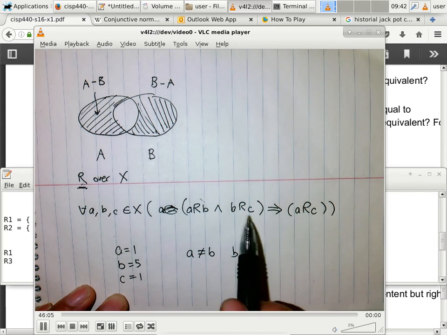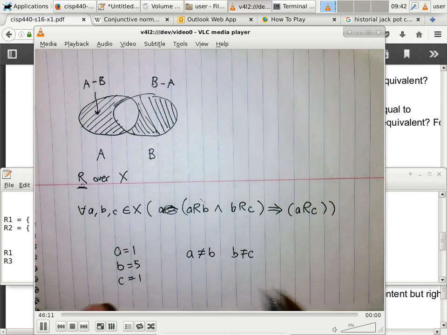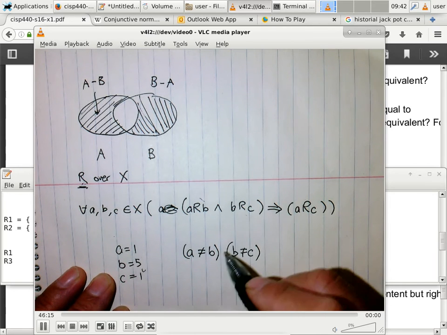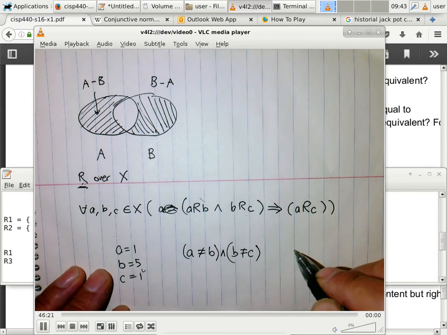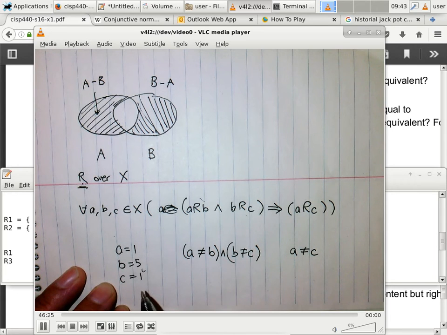And note that over here, there's no restriction that A and C cannot be the same thing. So A does not equal B is true, B does not equal C is true, so this conjunction is true as well. But then when you look at A does not equal C, that is not true because A and C are exactly the same.